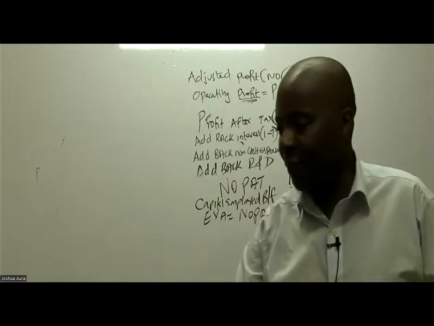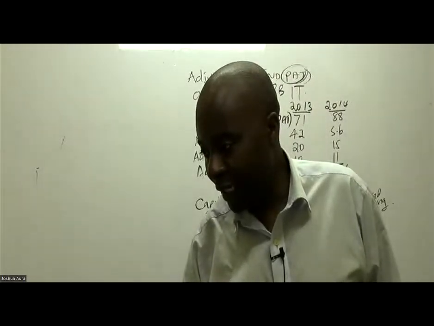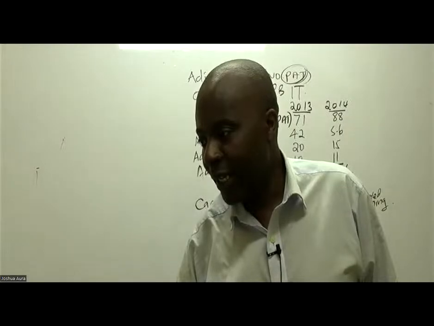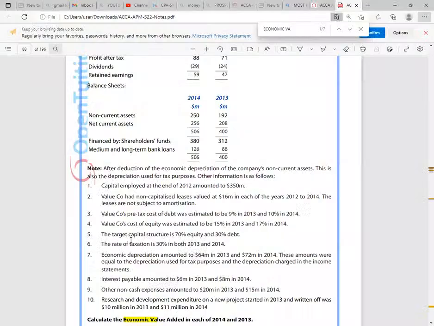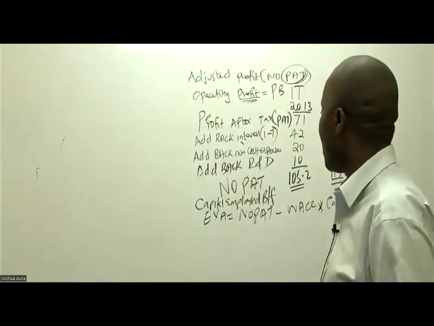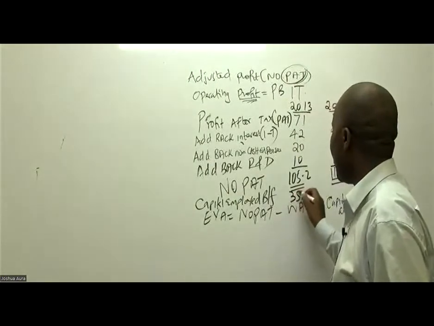How much? Please give me this figure. 350? Let's see. They are telling me the capital employed brought forward, which is the capital employed at the end of 2012, now brought forward to the beginning of 2013, is 350. Thank you so much. So this is 350.